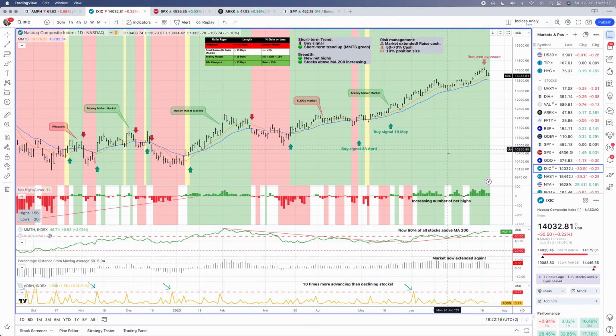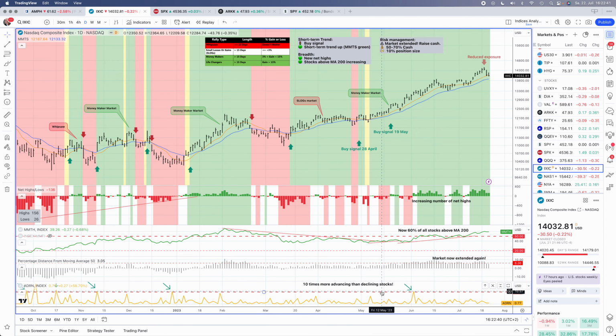We look at the stocks above the MA 200. We look at the distance of the Nasdaq from the current price to the MA 50 to see if the market is extended, and we also track the advanced decline ratio, but only if we want to look for a bottom in the stock market.